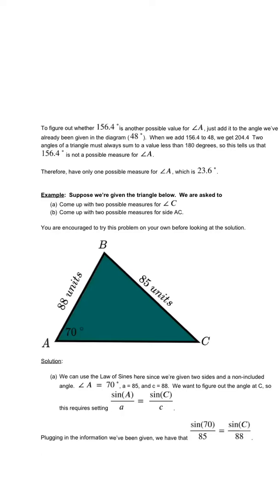Otherwise, the triangle doesn't exist. Because we get 204.4, this tells us that 156.4 degrees is not a valid measure for angle A. So the only possible measure for angle A is 23.6 degrees.